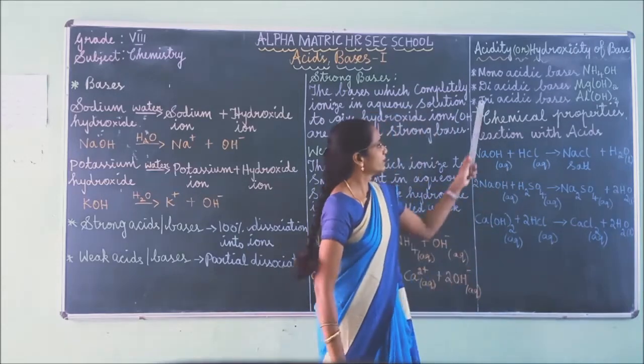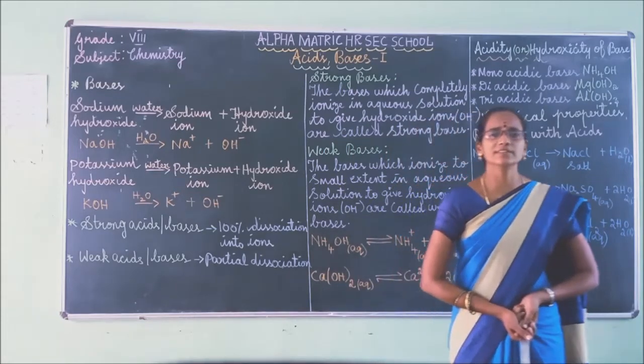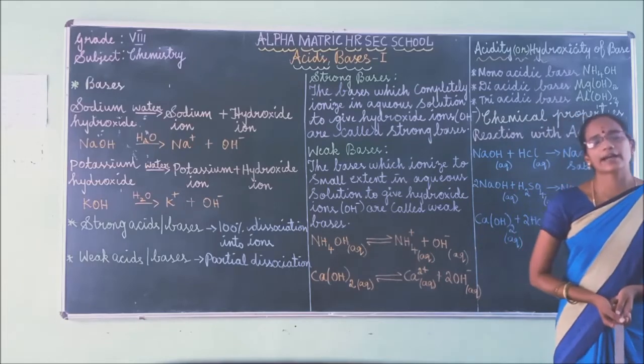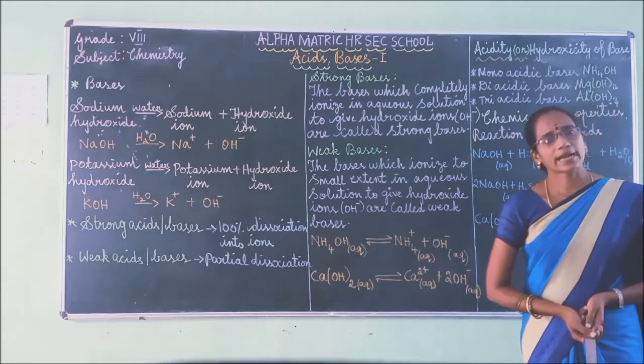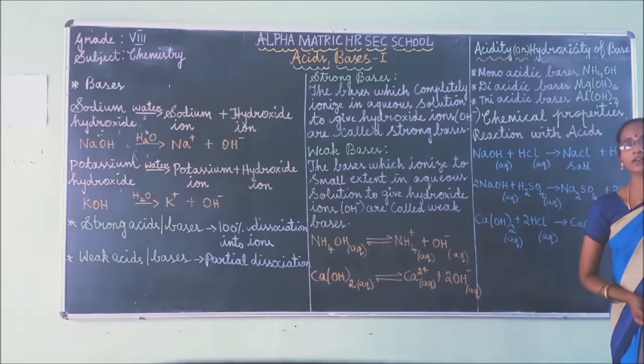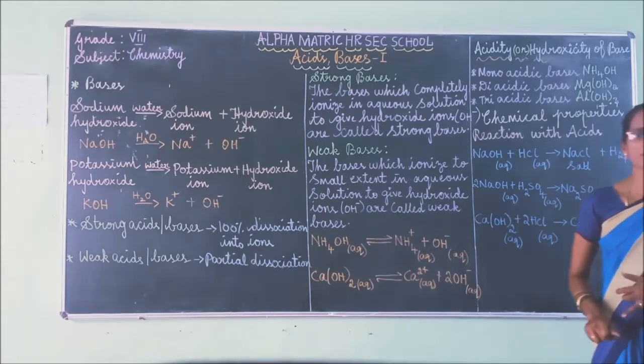Second one, diacidic base. Diacidic base means the base which contains two hydroxyl ions. For example, calcium hydroxide, magnesium hydroxide.